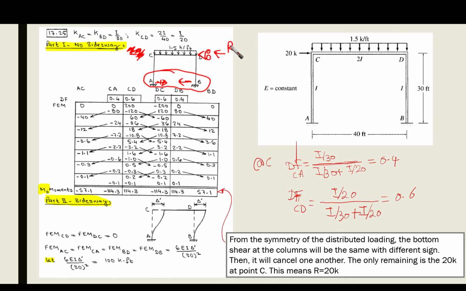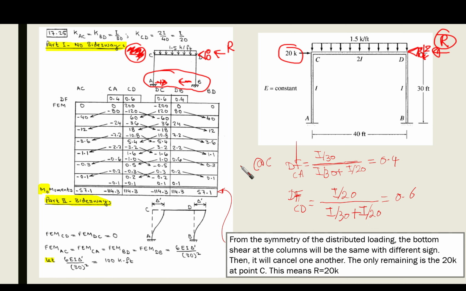This means that R must equal 20, which is the external loading applied on the system. So if we put it here, R must equal 20 directly. So this is a convenient way to obtain R.